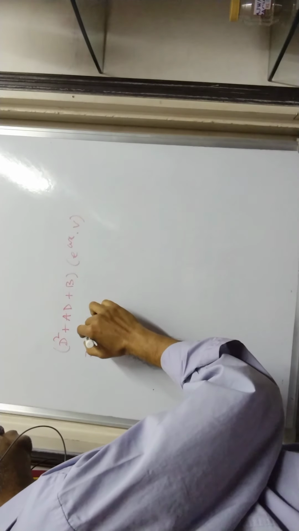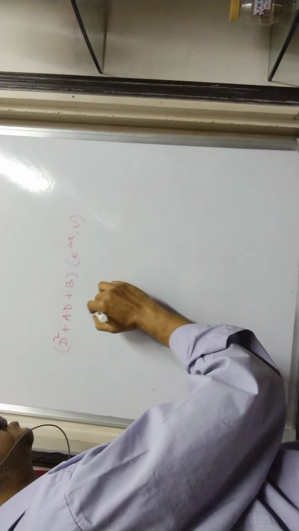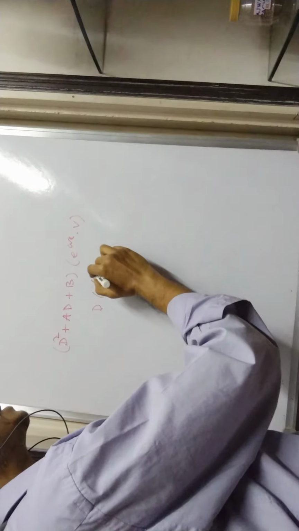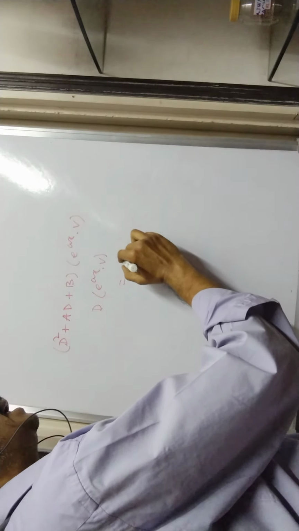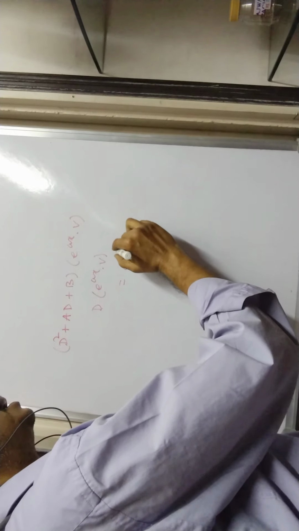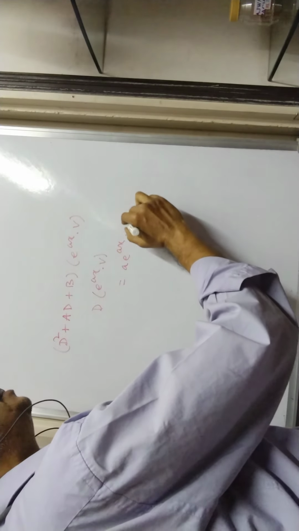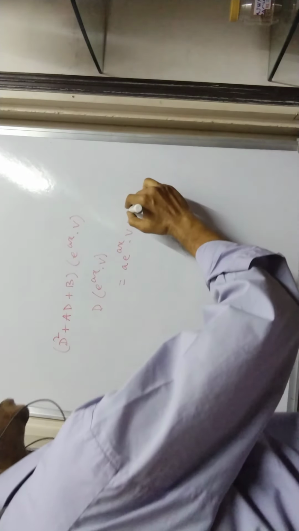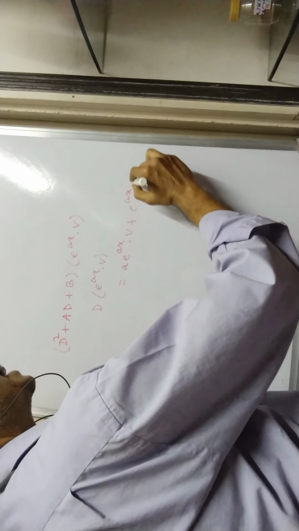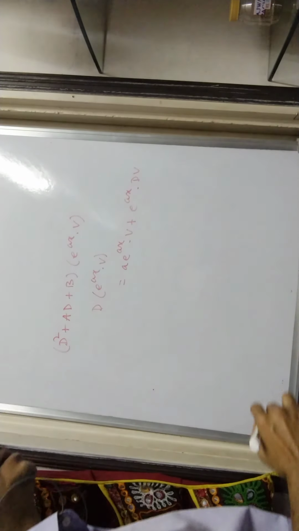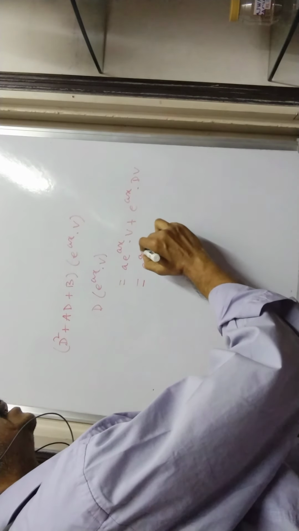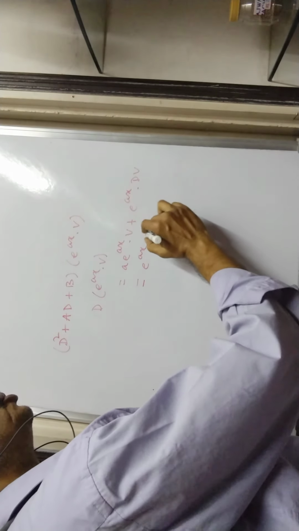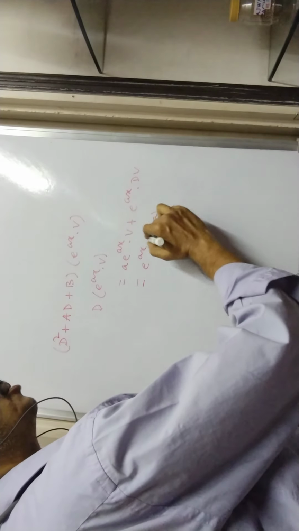What is D of e to the power ax into v? It is nothing but a e to the power ax into v plus e to the power ax into Dv. So it may be written as e to the power ax into (D plus a) operated on v.